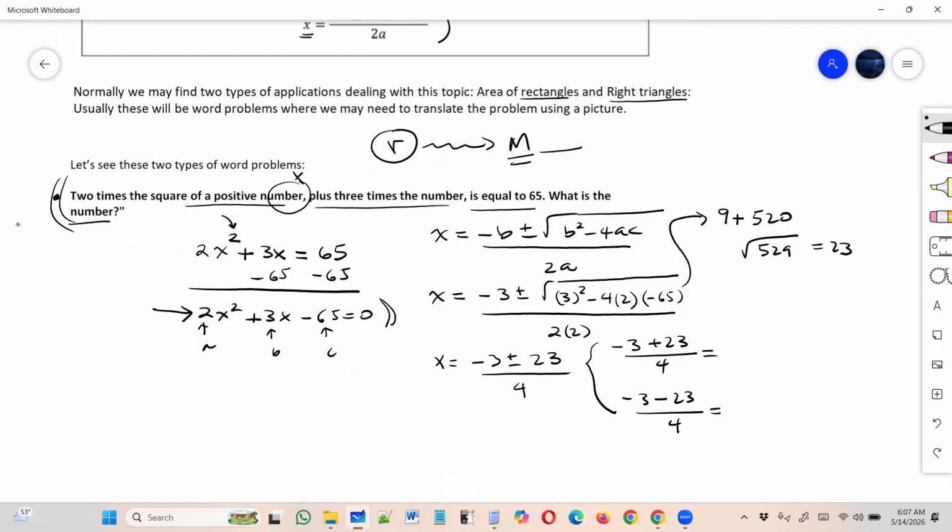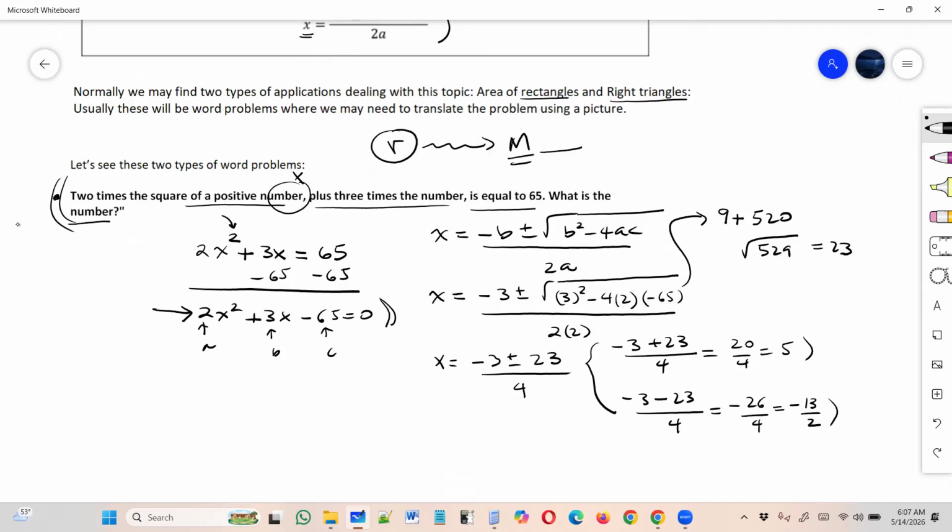In the first case, 23 minus 3 is 20 over 4, which is 5. And in the second case, negative 26 over 4, and 26 cannot be divided by 4, so we just reduce it by 2. Okay, so here are the two answers.